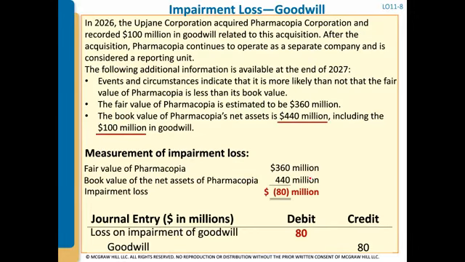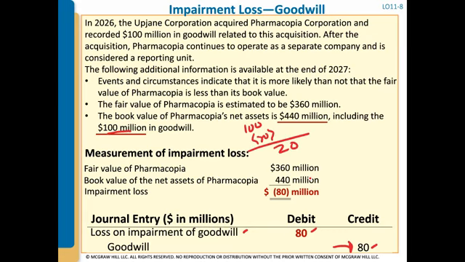And what does that entry look like? We're going to debit loss on impairment of goodwill, which will be a separate line item on the income statement, for $80 million, and we're going to credit goodwill for $80 million. We started out with $100 million in goodwill, and now we're reducing it by 80.